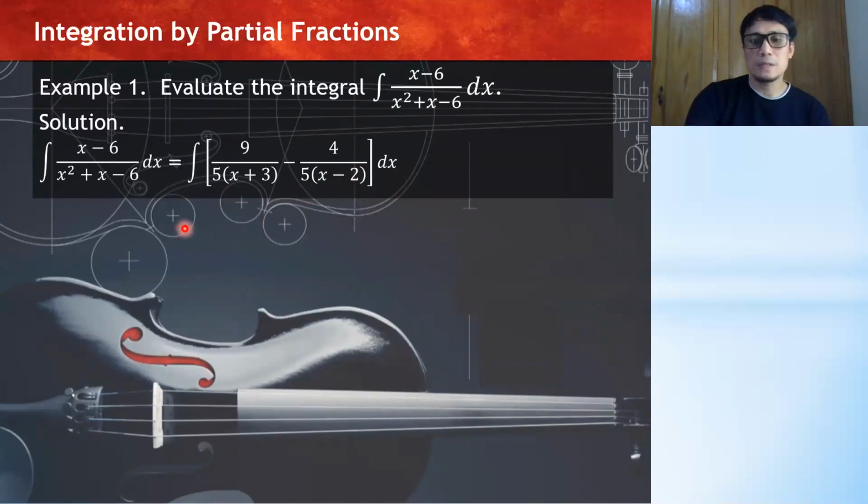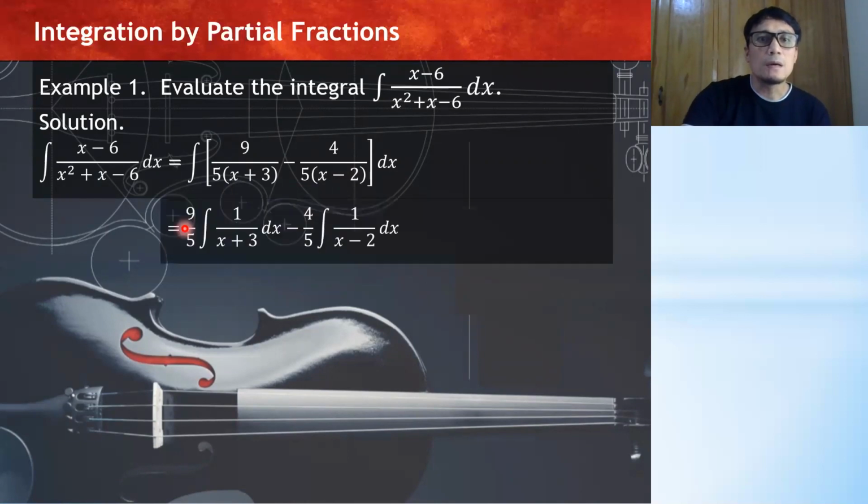Let's write this further in simpler form so that we can easily evaluate the integral. We can factor out the 9 over 5 now, and then you have the integral of 1 over x plus 3 dx minus 4 over 5 integral of 1 over x minus 2 dx. You can follow, right?